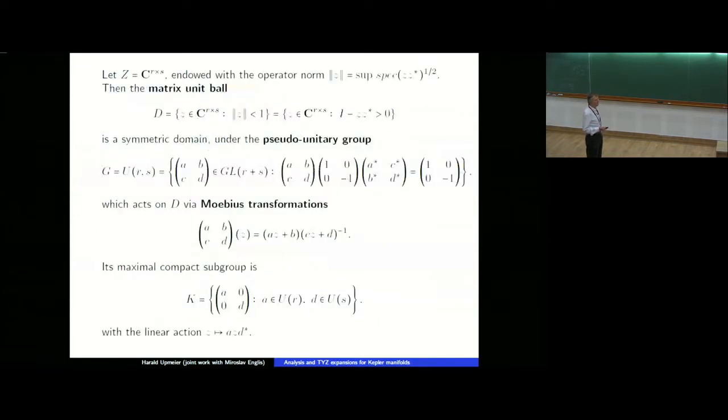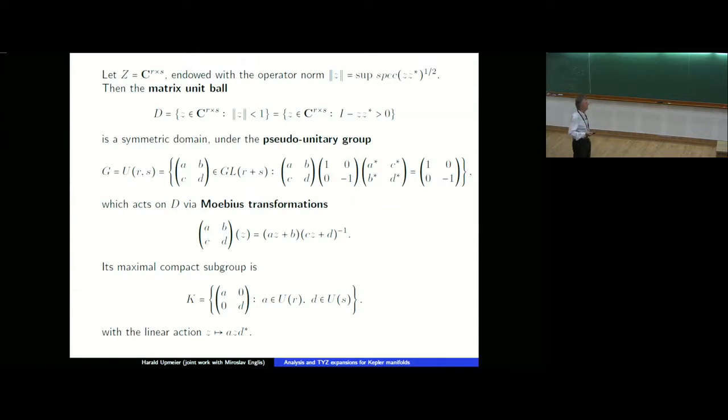So let's see a basic example that in a nutshell shows everything. The matrix ball. We had this example already before, namely all R by S matrices. But now I endow it with a norm, the norm that we all know from linear algebra, namely the operator norm in the sense of matrices.